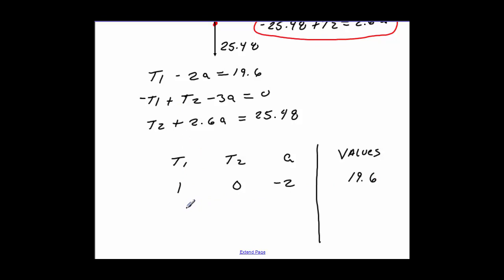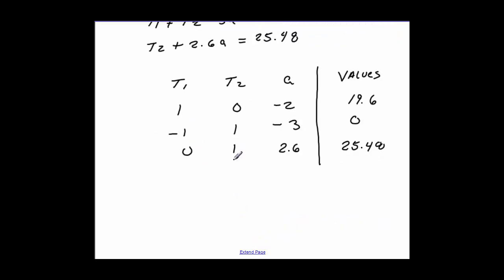Second equation: I got a minus 1, I got a 1, I got a minus 3, I got a 0. Third equation: 0, I have a 1, I have a 2.6, I have 25.48. That is a 3 by 4 matrix.